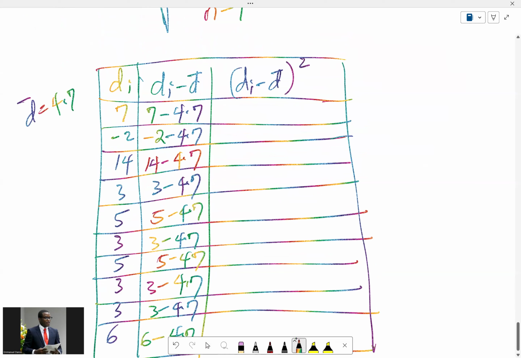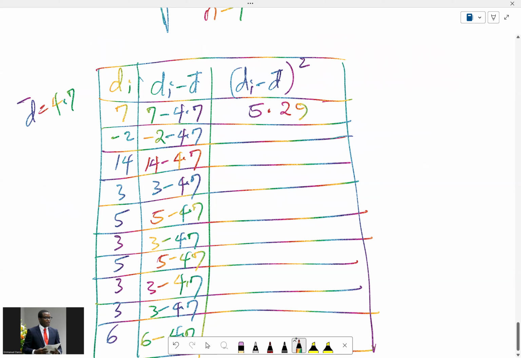So let's do that. 7 minus 4.7, all that squared, will give us 5.29.